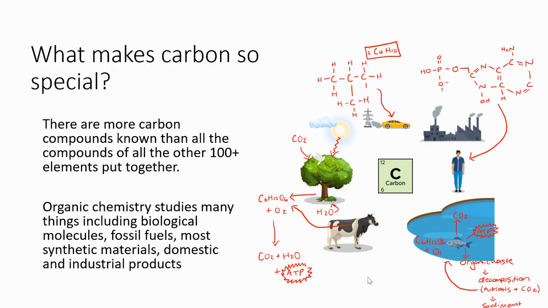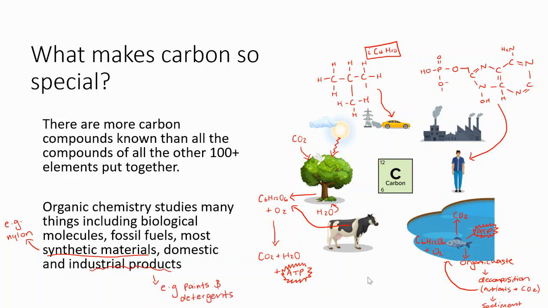This is a small component of the carbon cycle, where carbon moves through aquatic life, is reduced to organic waste, is then decomposed into nutrients and carbon dioxide, and either turned into sediment or recycled back through or released into the atmosphere. So the movement of carbon around different life forms is an organic process.